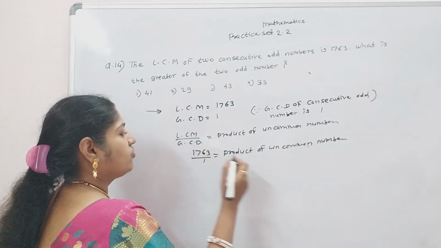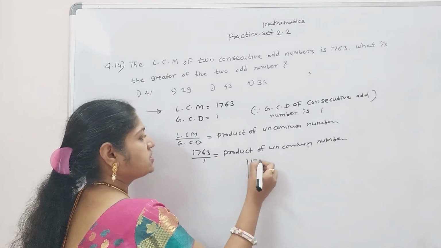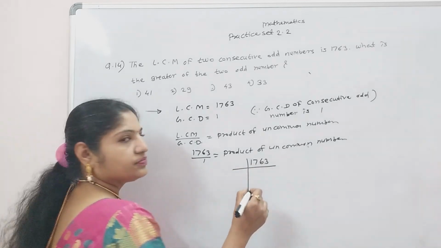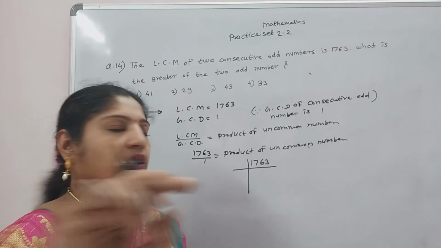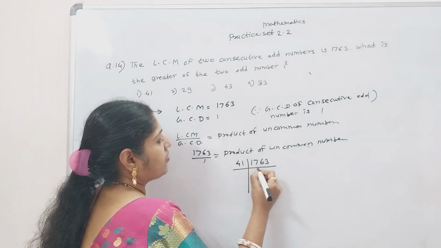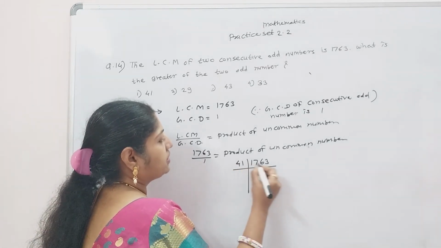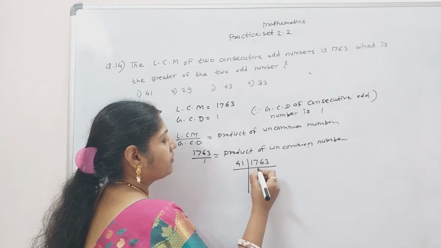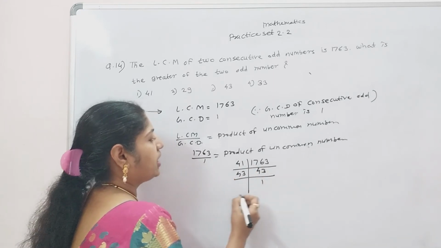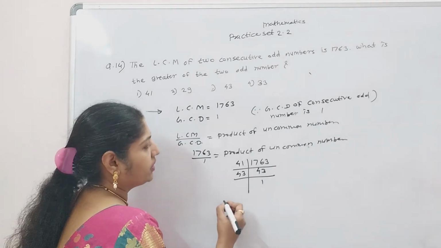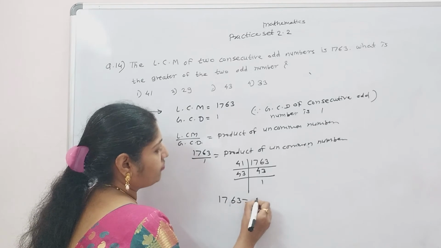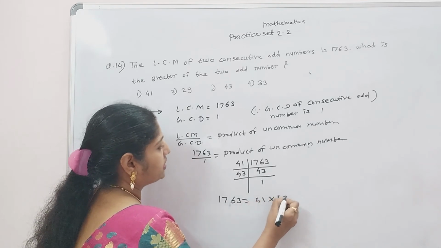Now we have to find the factors of 1763. This number is divisible by 41 and the answer is 43. 41 and 43 are the product of uncommon numbers. 1763 is 41 into 43.